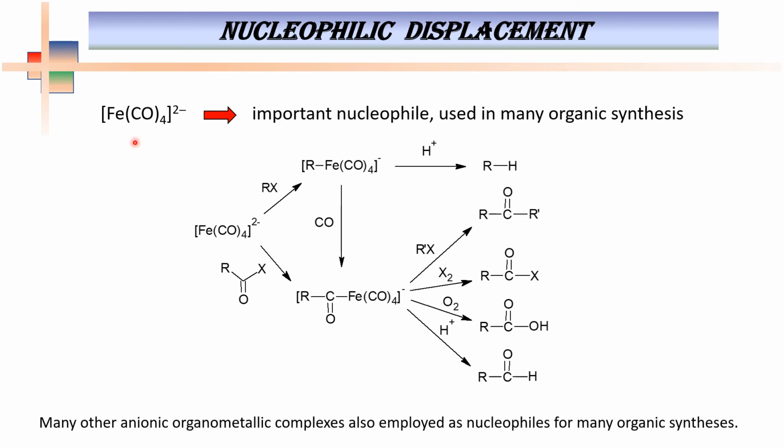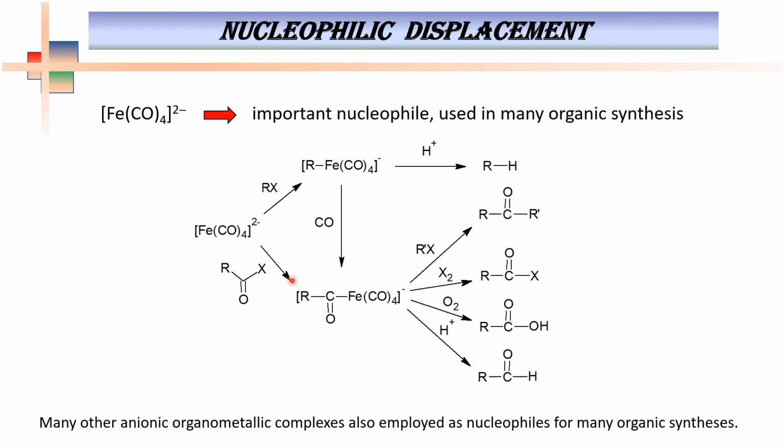Let's take an example. This iron complex shows very good catalytic activity to generate different organic components through the nucleophilic displacement pathway. This complex, when allowed to react with alkyl halide or acyl halide, replaces the nucleophilic X group and includes the alkyl or acyl group within it.